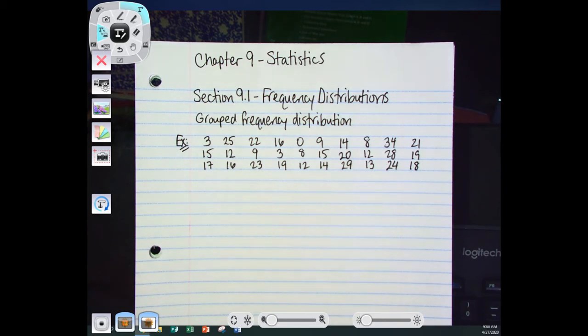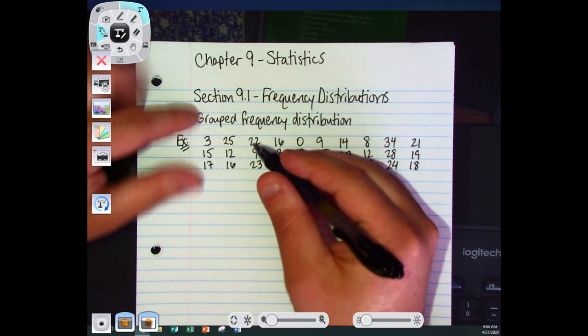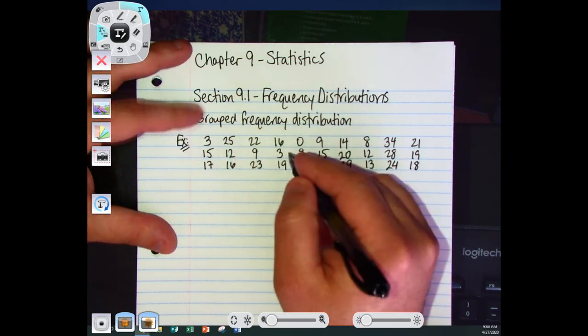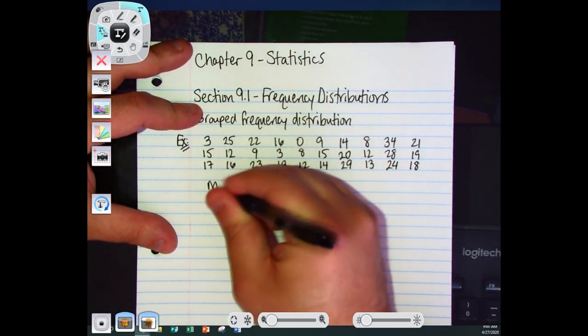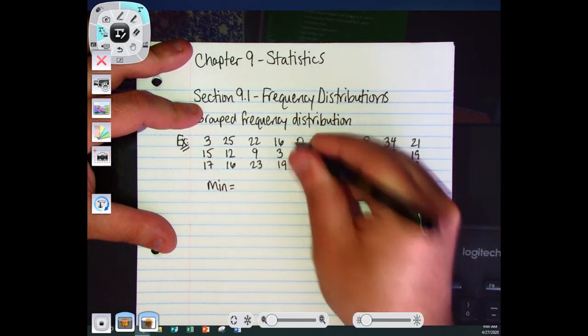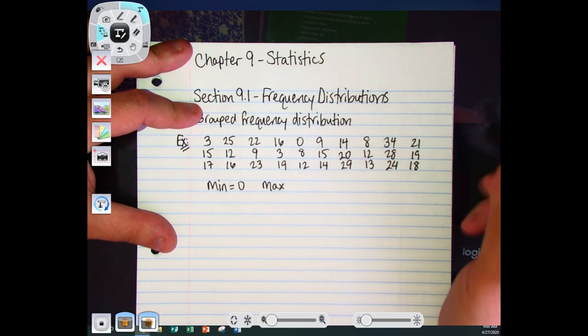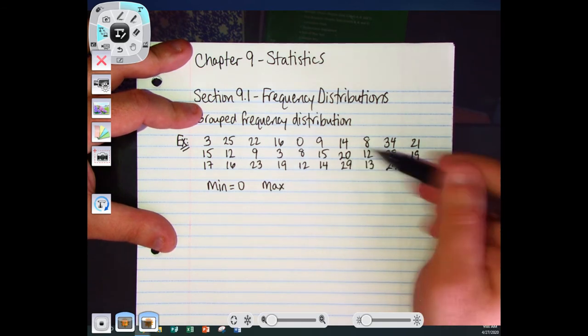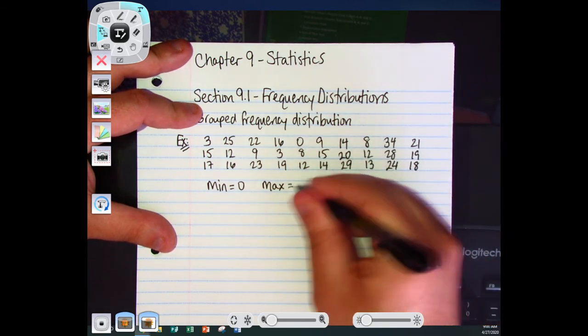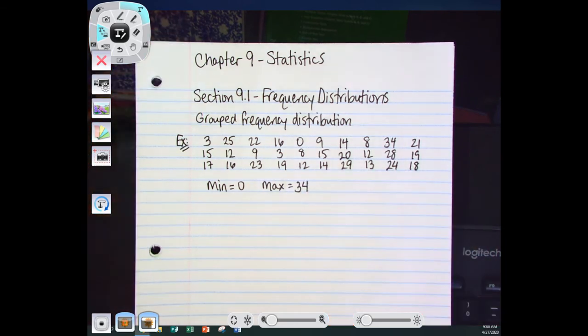So the first thing I would do is look for the max and the min. In this sample, our minimum ends up being 0. Our max ends up being 34, I believe it is. So we want to go from 0 to 34.